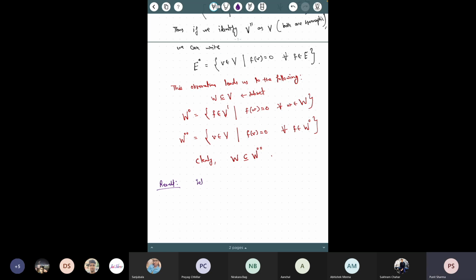Let's say W is a subset of V, and we are talking about finite dimension vector spaces only.